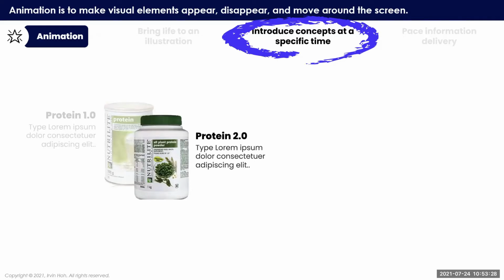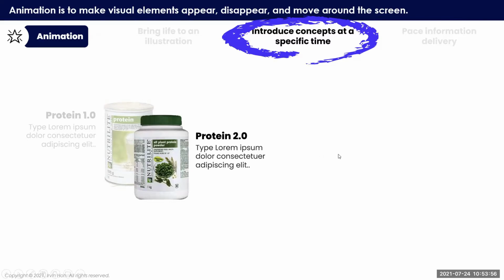And you see that my old packaging is fading off at the back, and the new packaging or new idea is fading in front of the old model, right? So that is the usage of how we introduce a concept by applying animation.